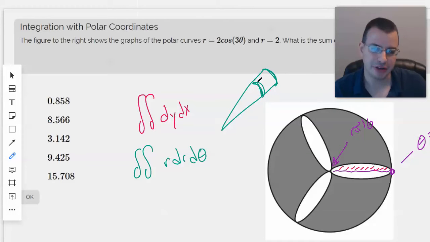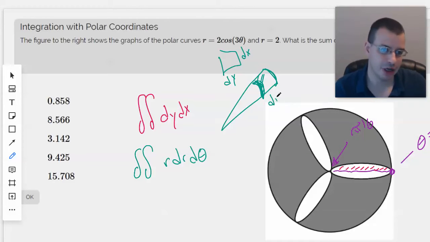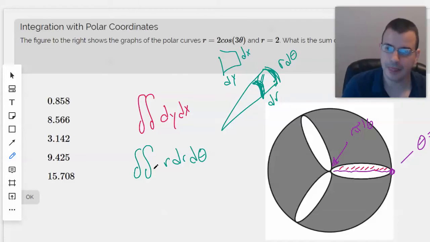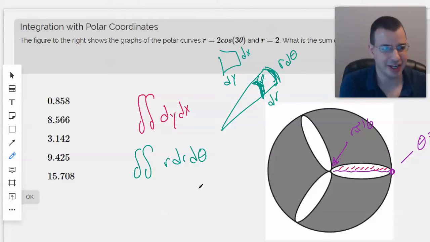You'll sometimes hear that instead of looking for a square like dy dx, you're looking for an arc, and this would be dr, and this arc length up here would be r d theta, and multiplying the two together gives r dr d theta. That's not entirely true. That's more of a mnemonic, a good way to remember it. But r dr d theta is simple enough that you should just memorize it.